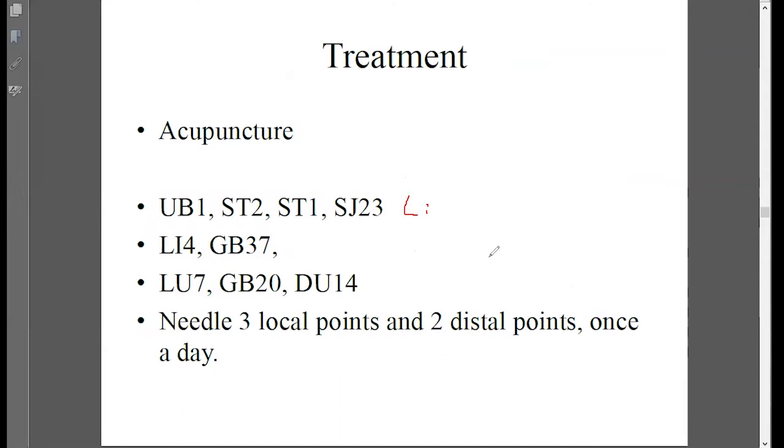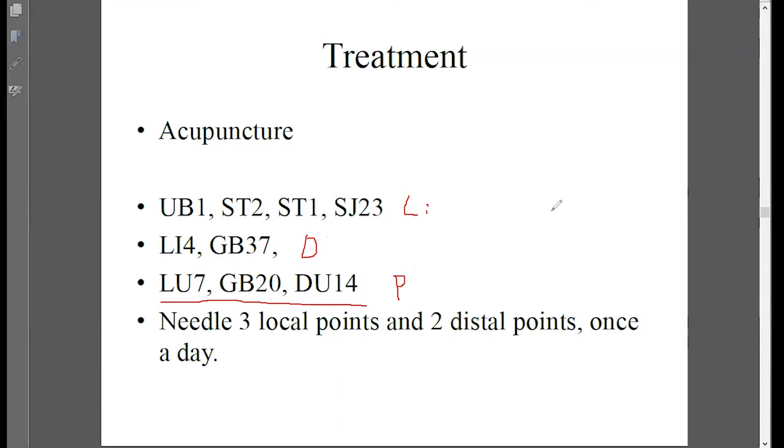So we still can use local points, the distal points, and the pattern points, especially for wind heat.